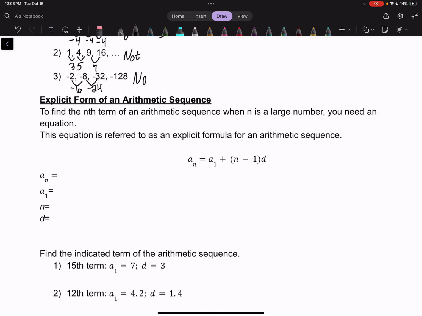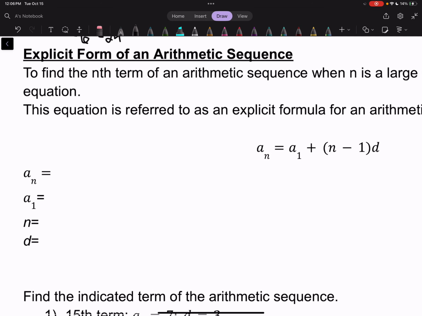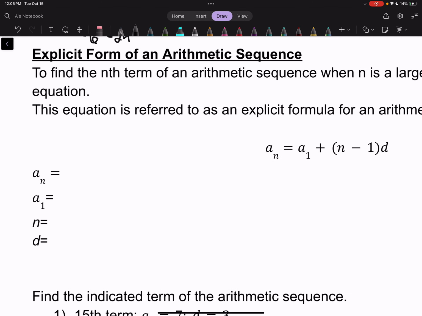What that means is we're going to have this equation where a sub n is your nth term. Or simply put, this is the one that you want. It is the value of the nth term.